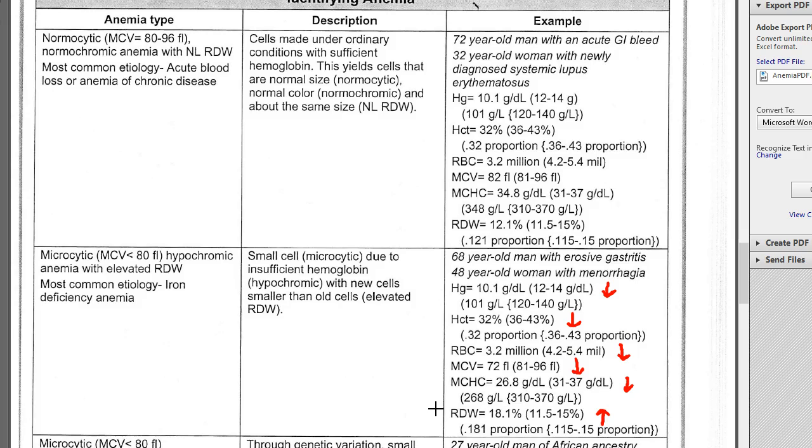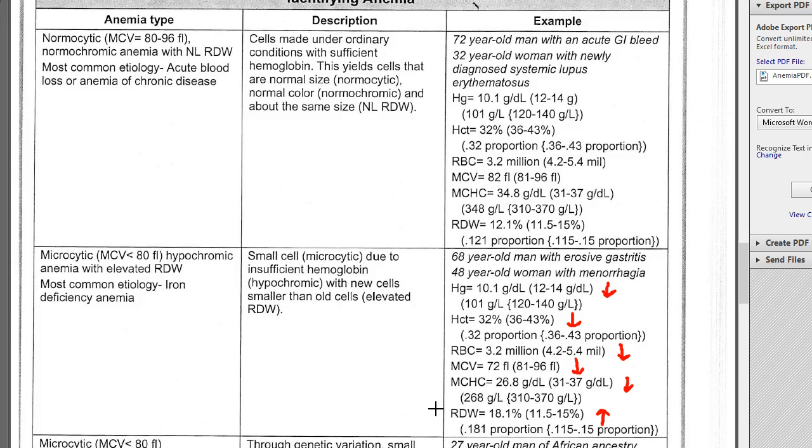So other things you want to look out for, keeping in mind that it is very dependent upon absorption. And we've talked about that before. We've talked about how PPIs, even your H2 blockers that you're given in the setting of GERD, can interfere with absorption of iron.